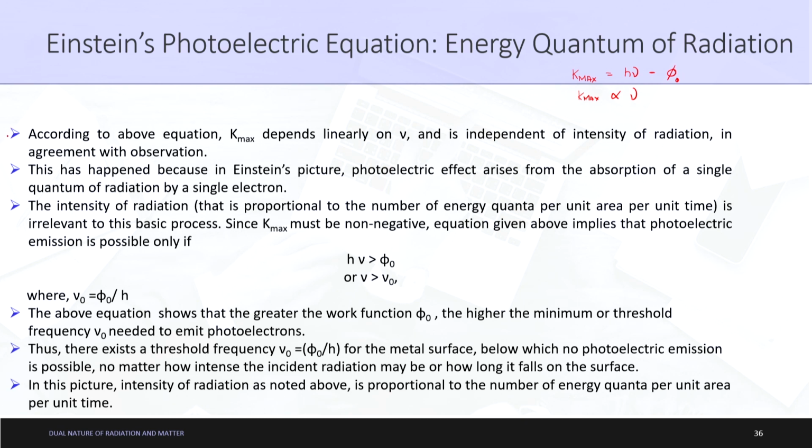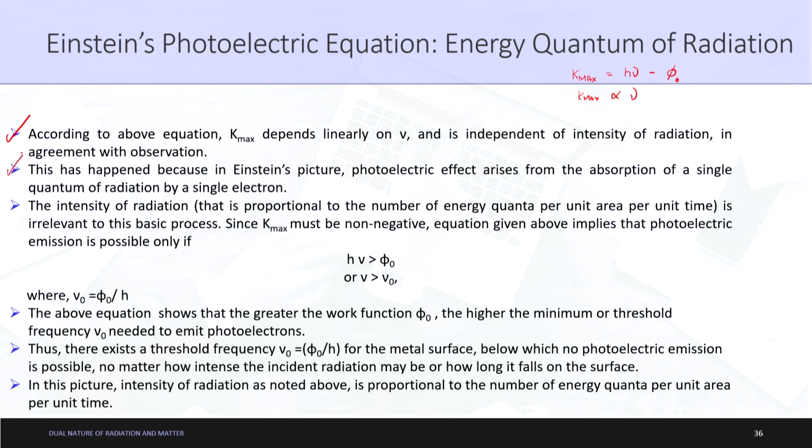This has happened because in Einstein's picture, the photoelectric effect arises from the absorption of a single quantum of radiation by a single electron, and not from continuous absorption.